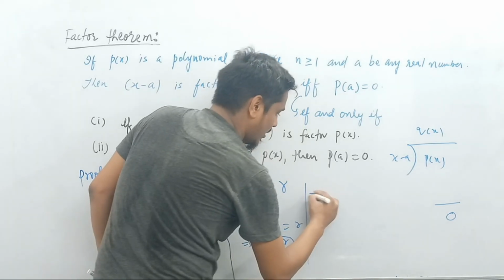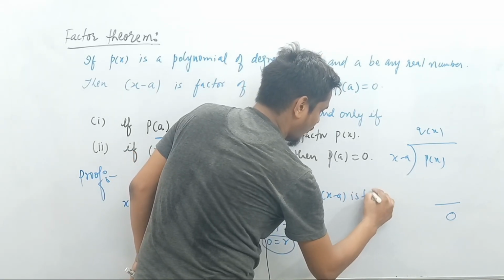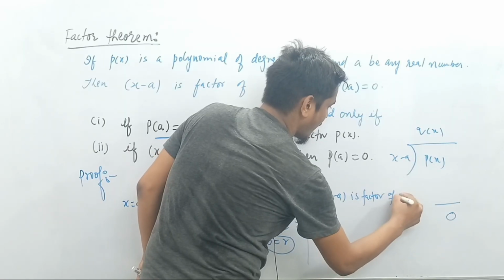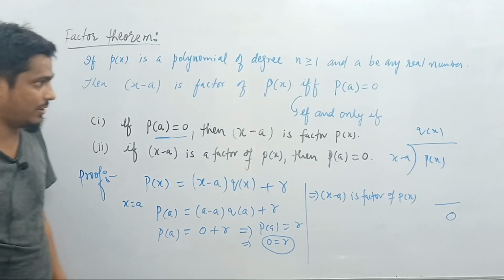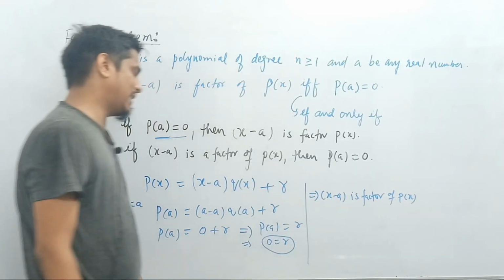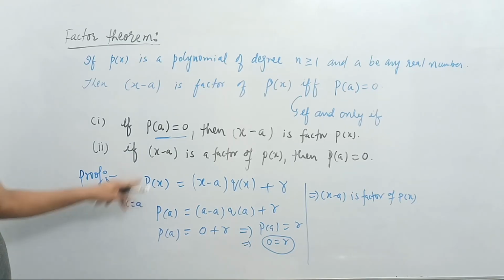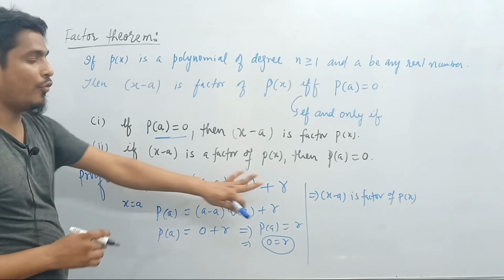It implies x minus a is a factor of p(x). I hope this is clear. So this is the proof of the first part.